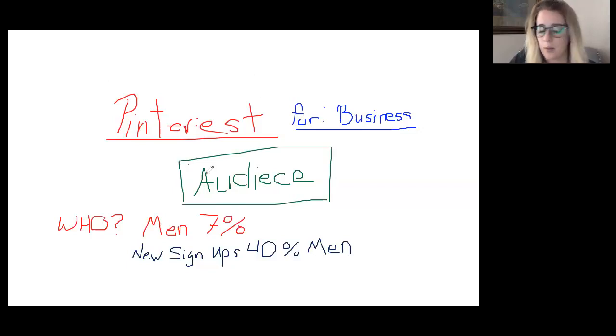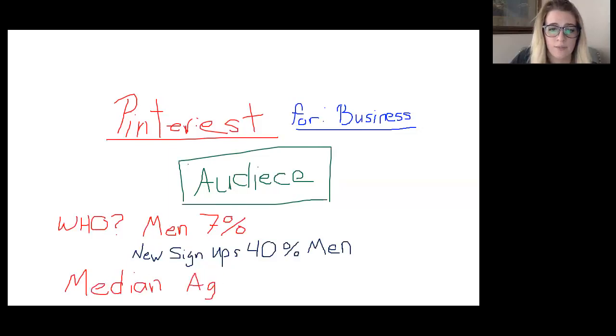The next little bit of demographic information of who is on Pinterest is that the median age, so the average age of everyone who is on Pinterest, is 40. This is a little bit higher of a number than Instagram or a few other social media sites, but that's pretty average. There's a few different statistics on what that means, because if you know a lot about numbers, it could be easily skewed, but with the amount of people that are on Pinterest, that's about the median age.